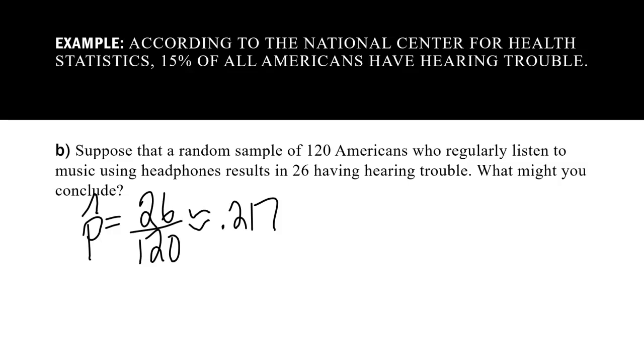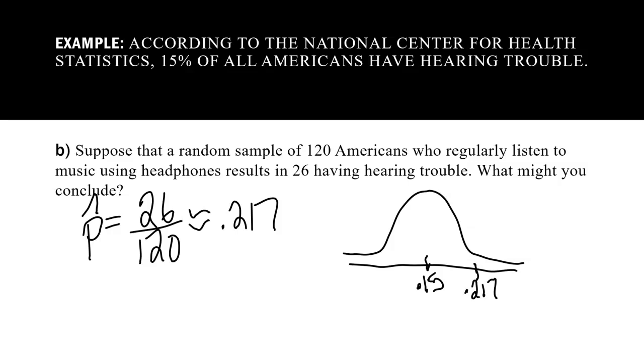All right. And so what we want to do is, we already found out that the sampling distribution of the sample proportion is normally distributed. So what we want to do now is find the probability. So let me sketch this out. We already know it's approximately normally distributed. We know that our mean is 0.15 because that's equal to the proportion of the population. And so a proportion of 0.217 is going to be over here somewhere.